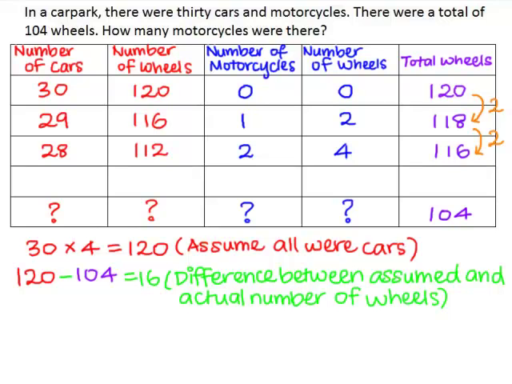Hence, the difference in the total number of wheels would be 2 each time, because the difference in number of wheels between a car and a motorcycle is 4 wheels belonging to a car minus 2 wheels belonging to a motorcycle. This will give us 2. This is the difference in number of wheels between a car and a motorcycle.